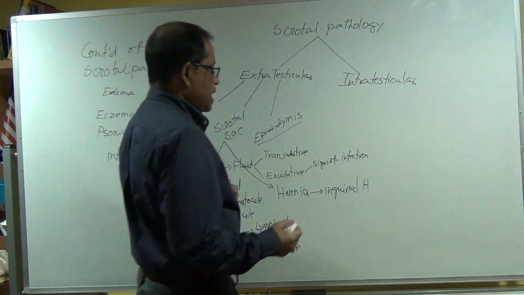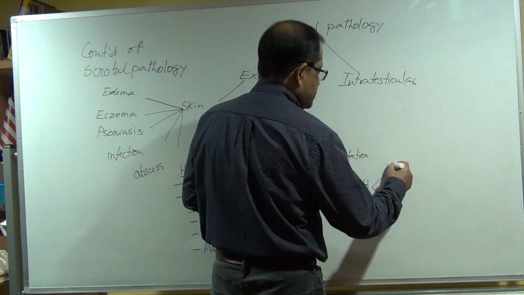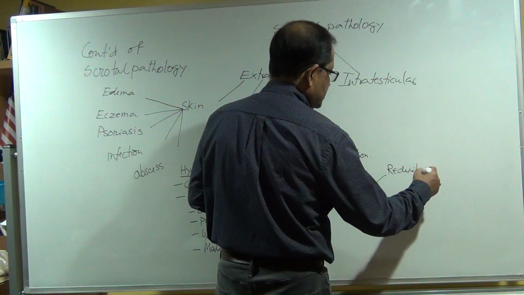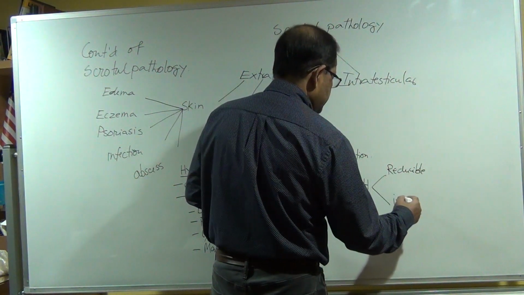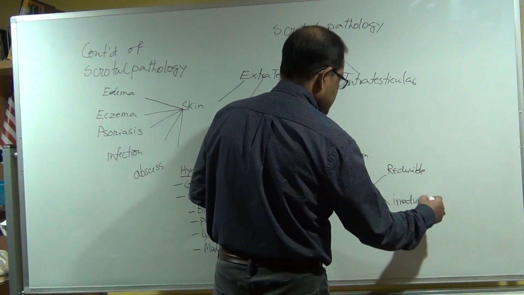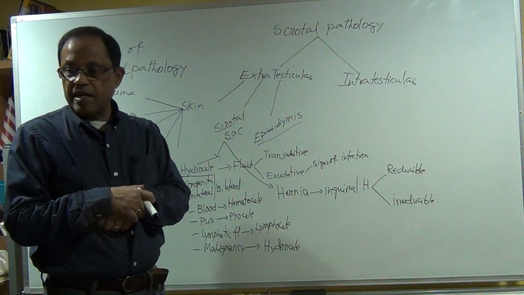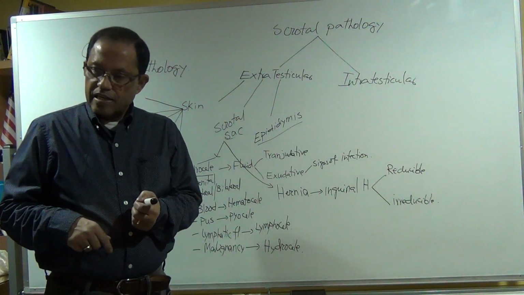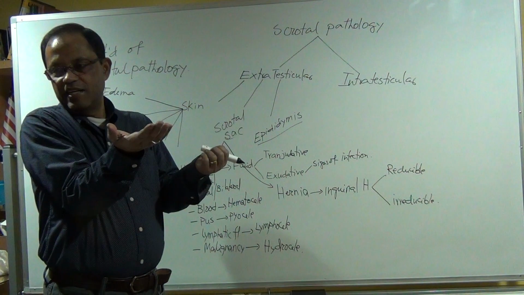And this hernia is mostly inguinal hernia. And this inguinal hernia can be reducible and irreducible. Reducible and irreducible means once it is herniated, usually it goes back when the patient lies down, right?